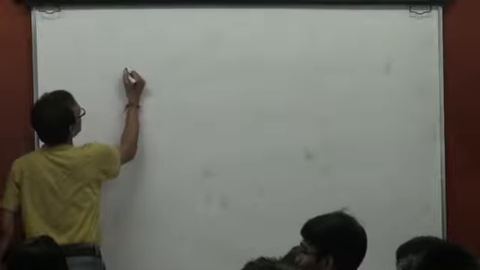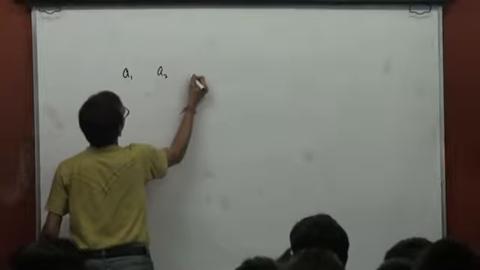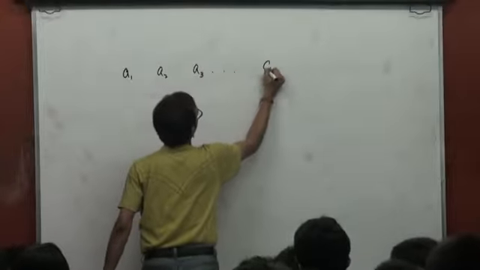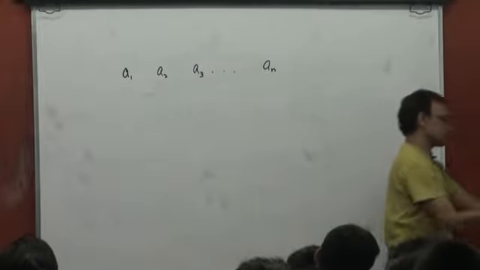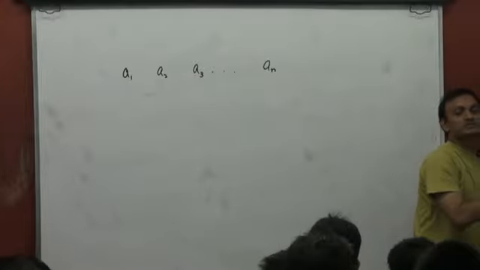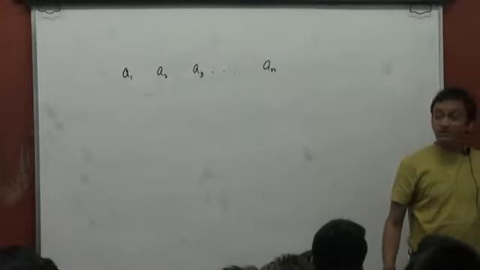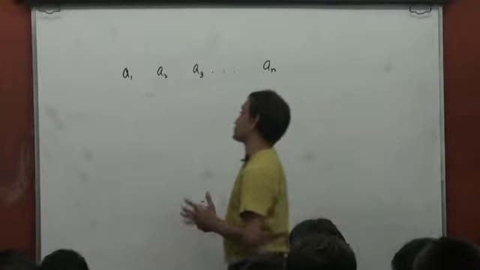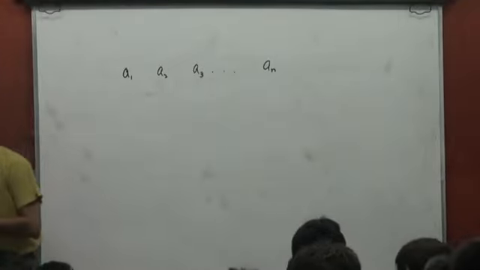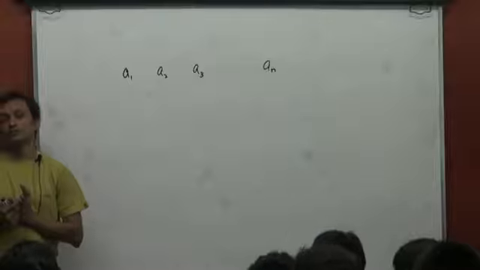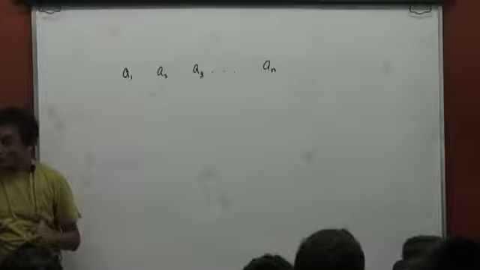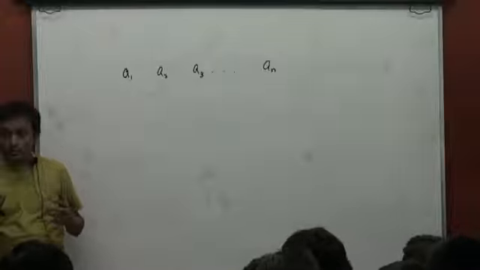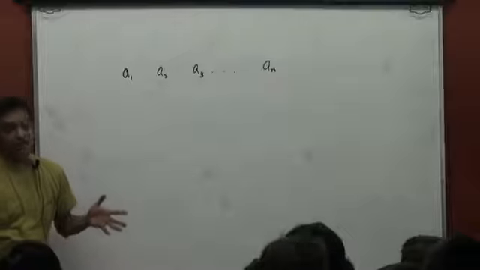Now, if there are n things, let's say A1, A2, A3, up to AN, and you want to create subsets out of these n things. The subsets could be of various sizes. It could be of size 0, the null set.